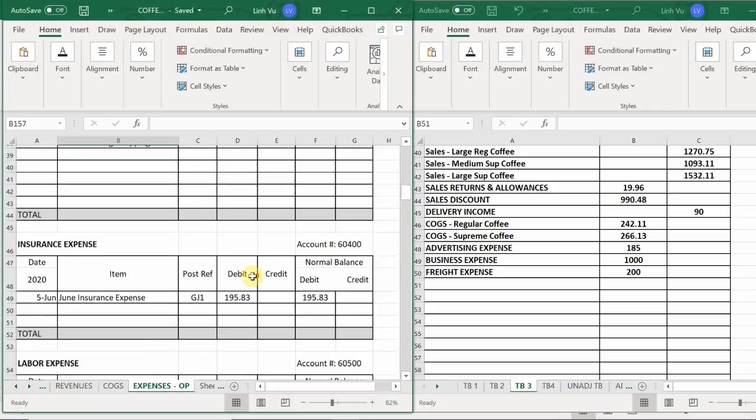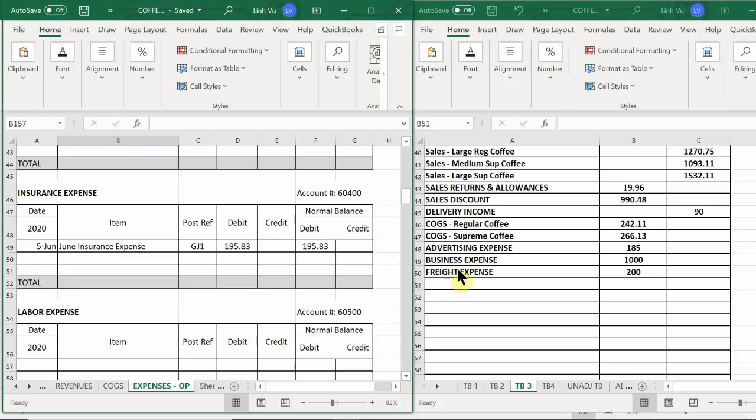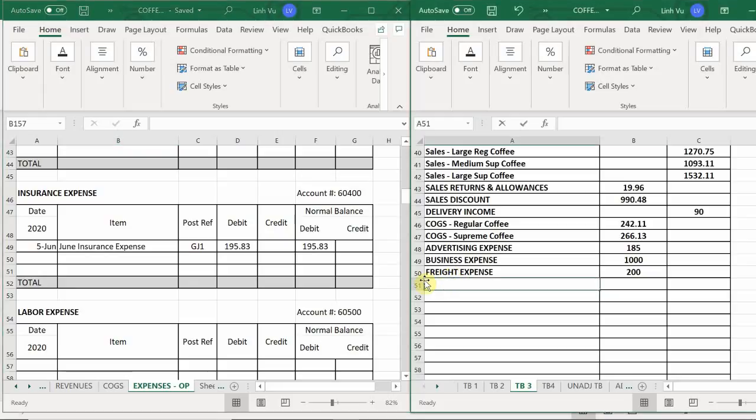Next is going to be insurance expense. For a total of $195.83. Okay.